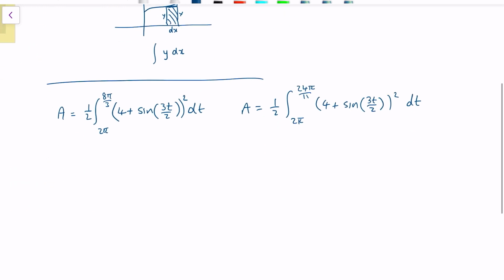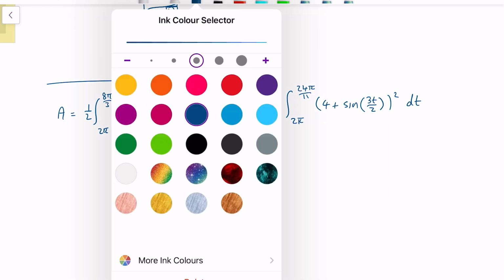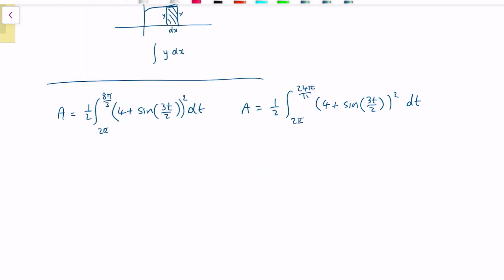Alrighty, we need a trig identity to integrate this. The inner function here inside the squared is not a linear function, meaning we can't use reverse chain rule. So we need to expand out and then look at a trig identity. If I just consider that r squared function, it's 16 plus 8 lots of sine 3t over 2 plus sine squared 3t over 2.